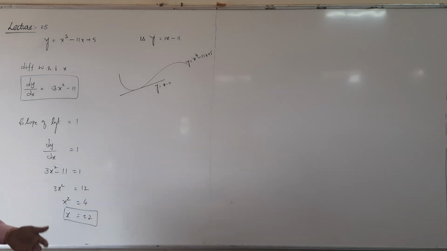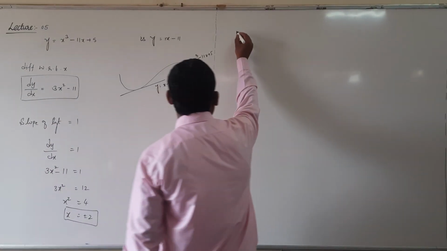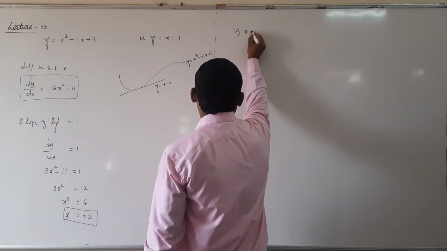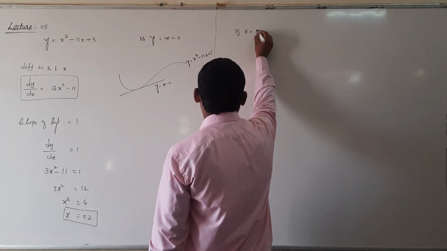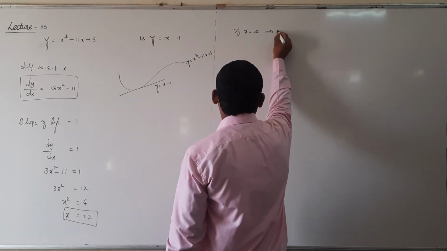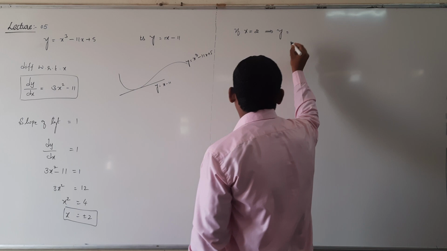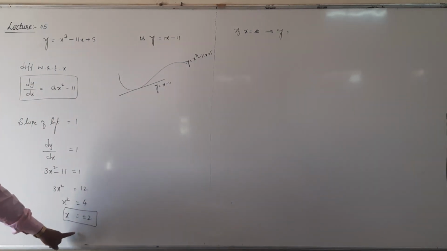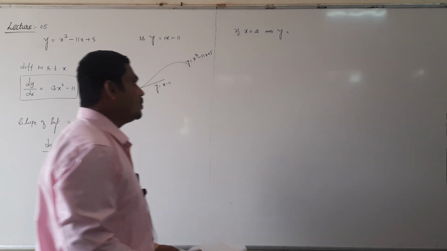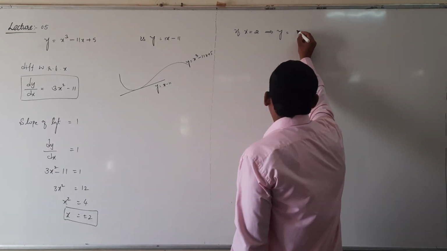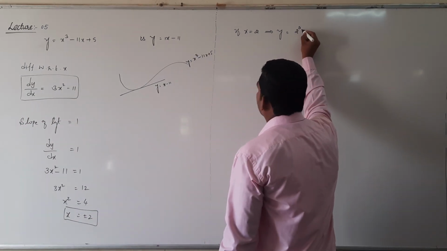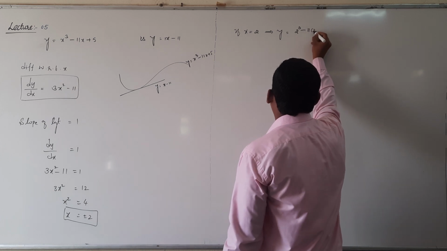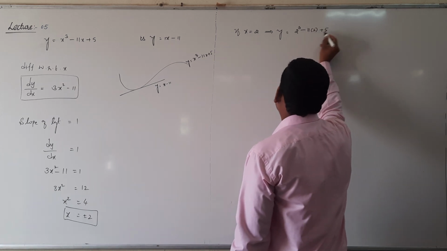There are two possibilities. If x equal to plus 2, then what is the y value here? Once consider plus 2, once consider minus 2. Then it will be 2 cube minus 11 into 2 plus 5.